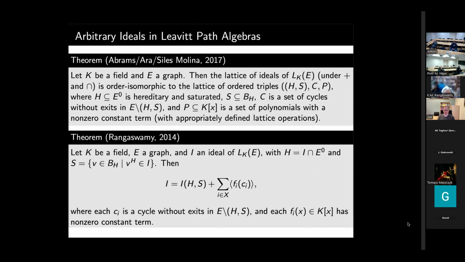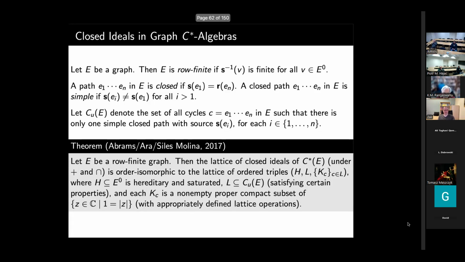In the same book, they have a very similar thing for the lattice of all ideals of a Leavitt path algebra. I should mention here, this result is just for row finite graphs. That means you only have finite emitters. They say that they did it for row finite graphs just for notational simplicity, but in theory, these principles should apply to all graphs.